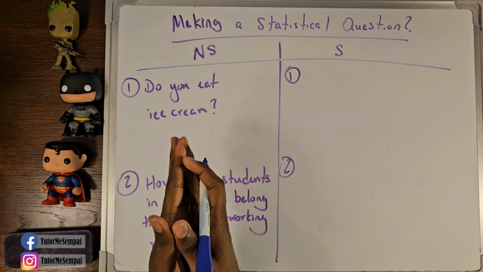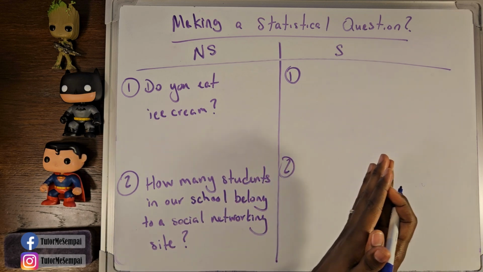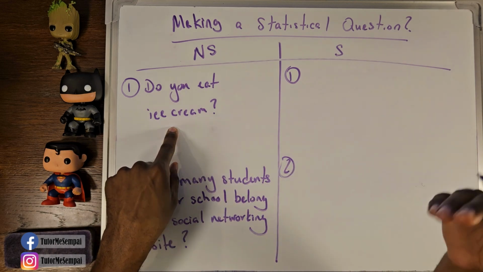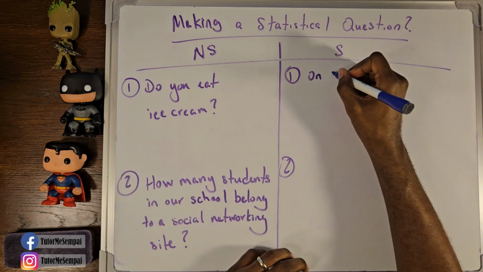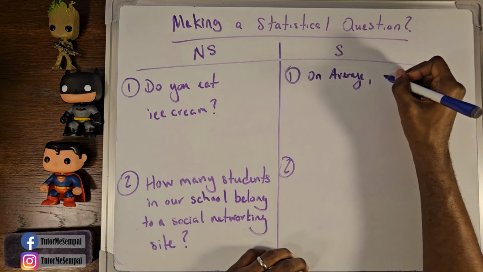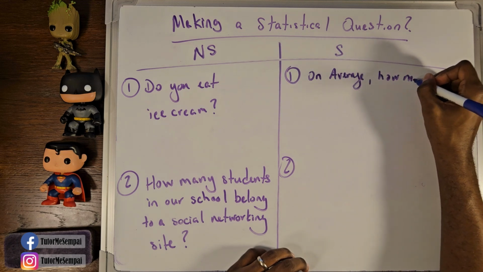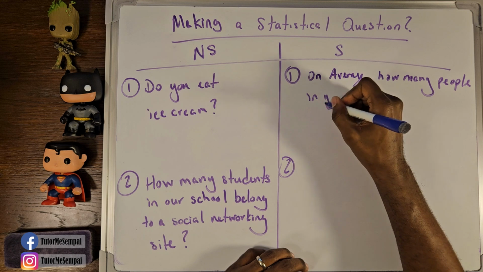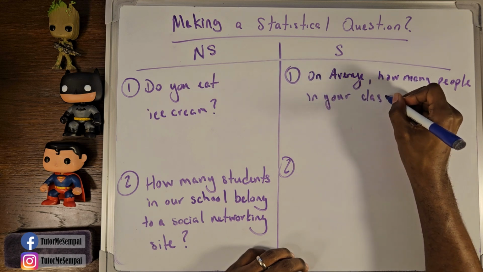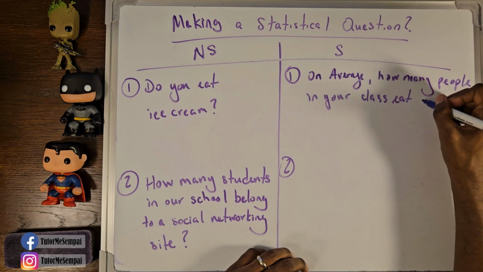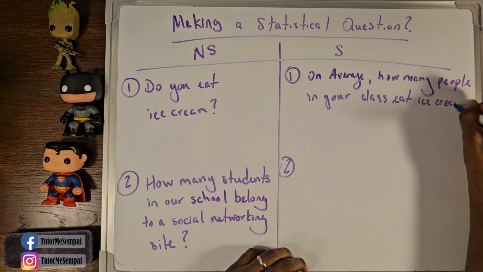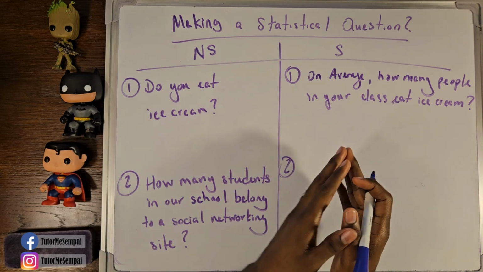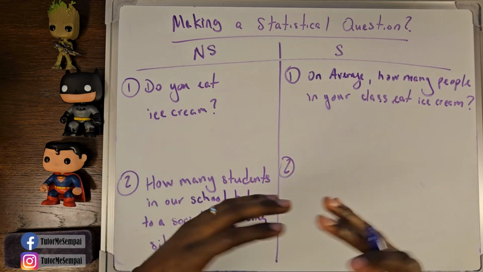But notice your yeses are just as important as the nos because you're going to need the entire sample. Remember, this is going to be on average. So if we ask, on average, how many people in your class eat ice cream, this is now going to require you to look at the yeses and the nos because you need the entire sample.